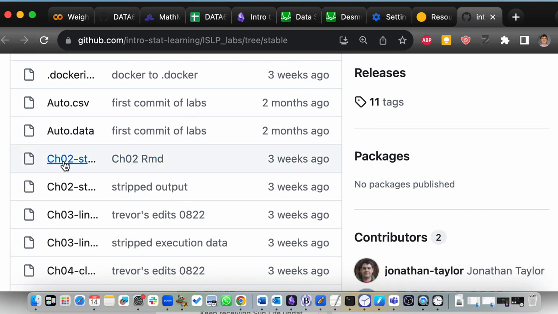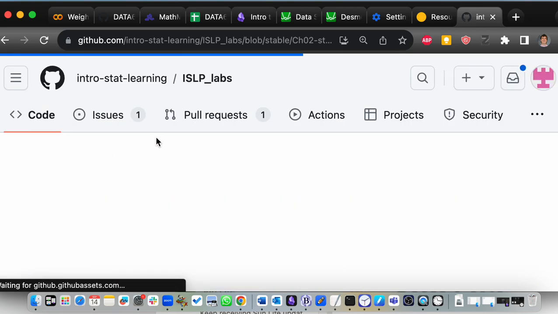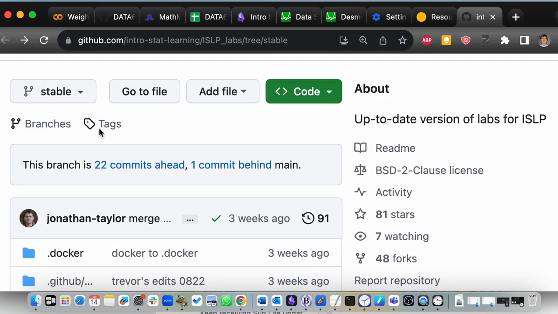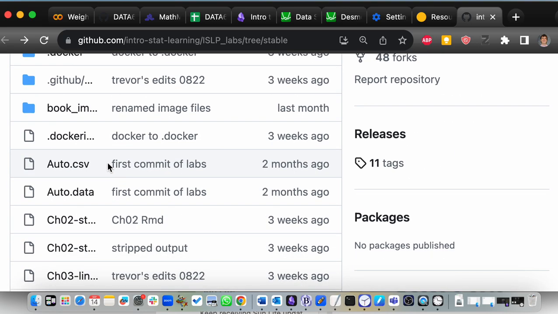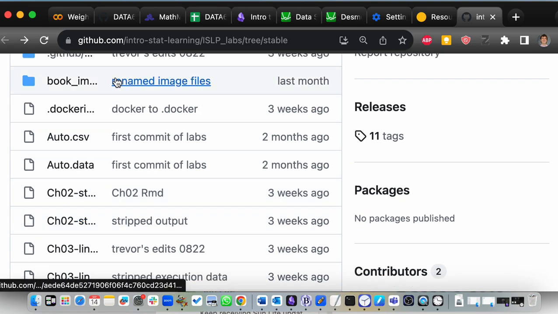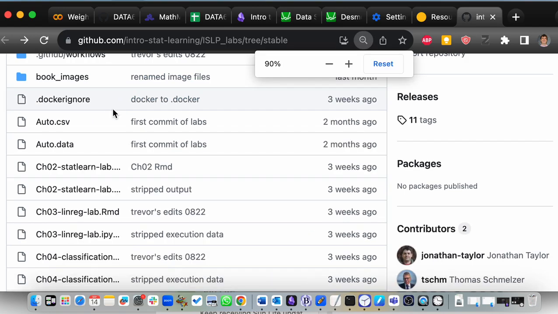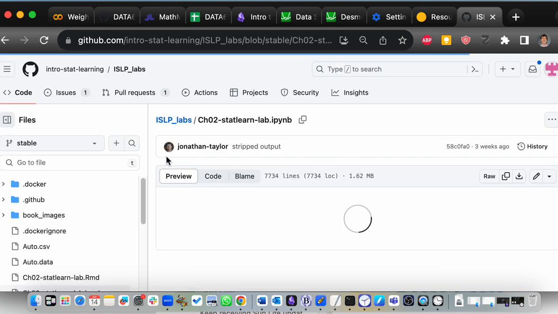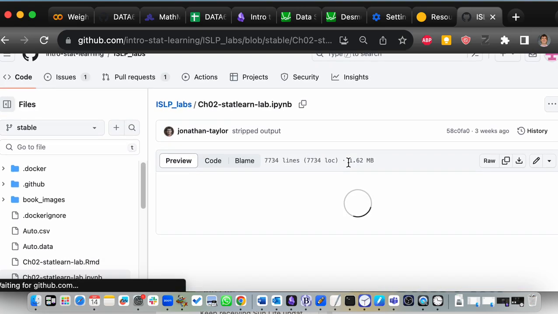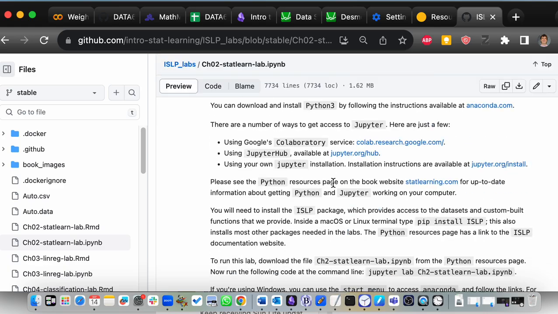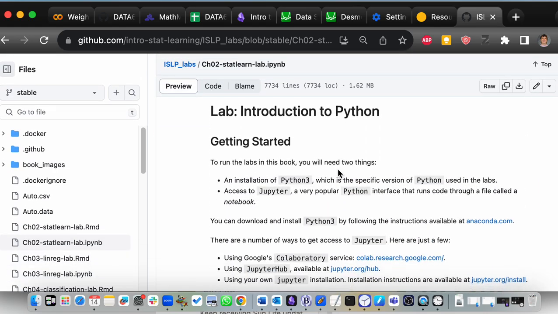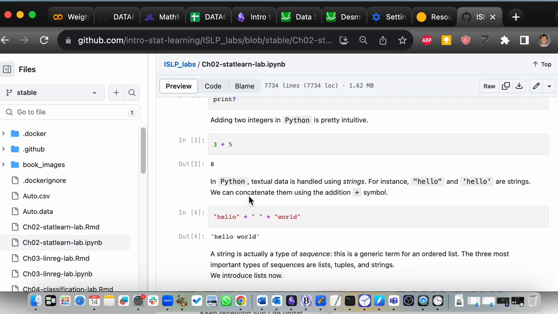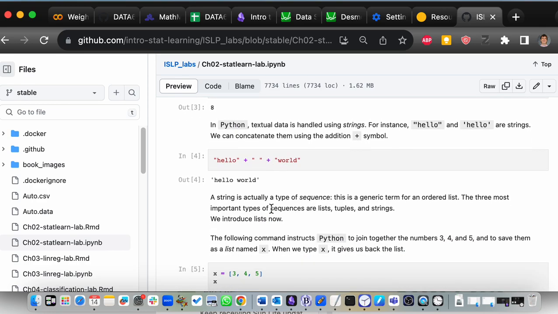For example, the chapter 2 lab. It will have a notebook just like the one I showed you, but the chapter 2 one is an introduction. So if you've never seen this stuff before, this will help you with the basic commands, what is printing, 3 plus 5, hello world, stuff like this.